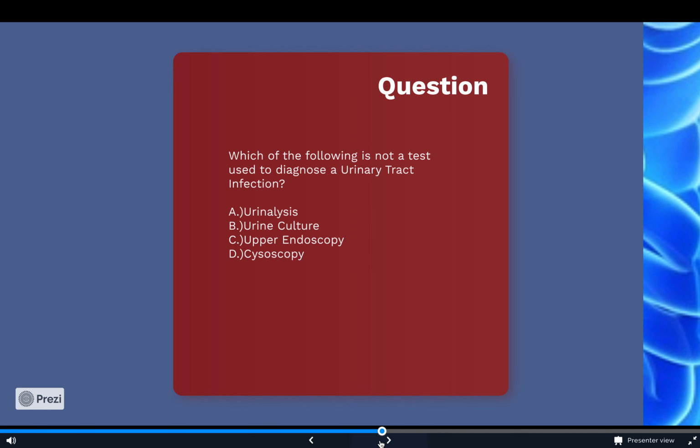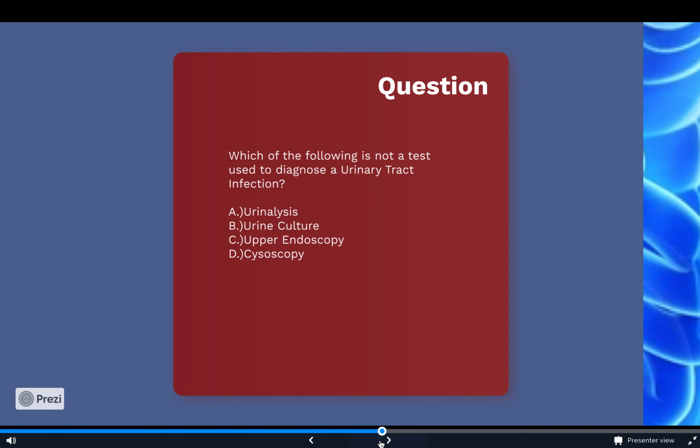A. Urinalysis is a type of UTI diagnostic test which looks for white blood cells and checks for bacteria. B. Urine culture. This is used to determine if any bacteria is present, or if there is bacteria present, what type of bacteria is present in a UTI.